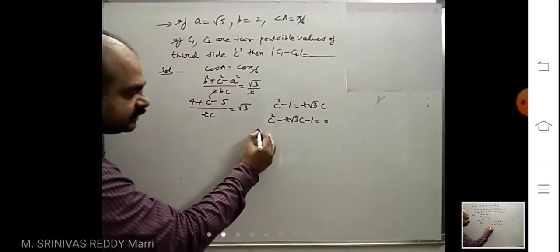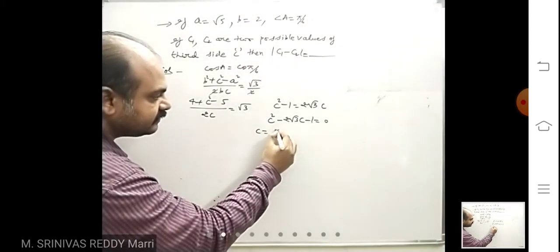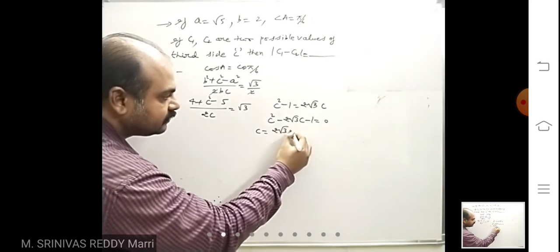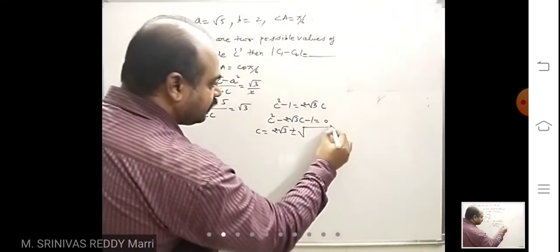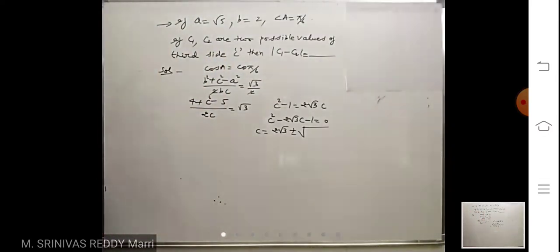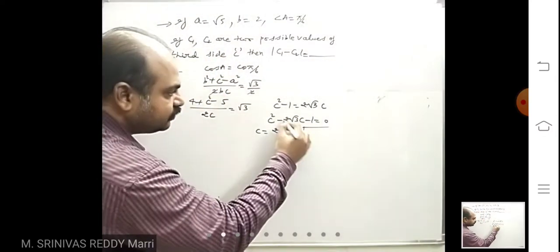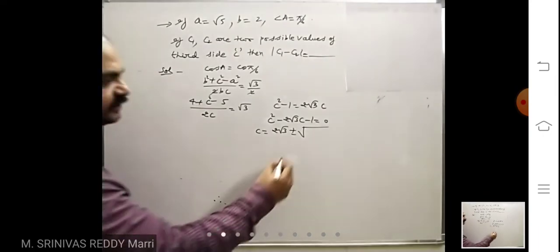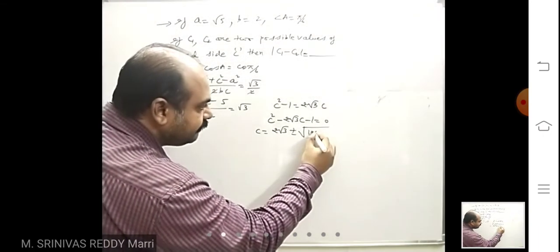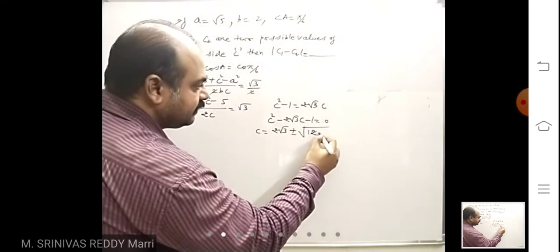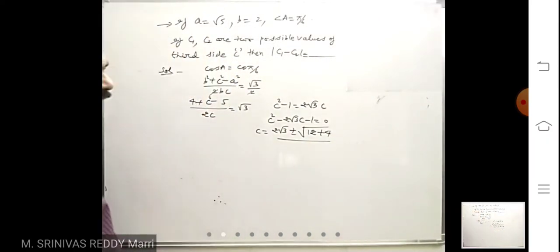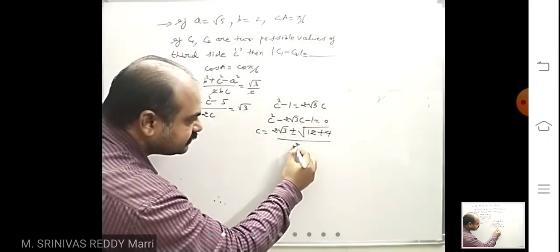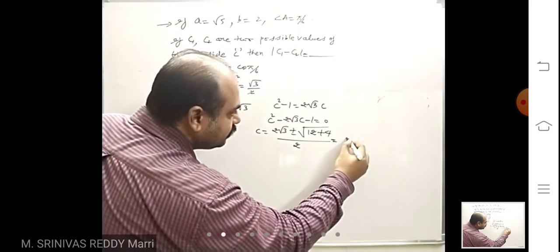Now I am calculating the values: 2 root 3 plus or minus root of minus 2 root 3 whole square, that means 12, minus 4ac, means plus 4, divided by 2a, that means 2.